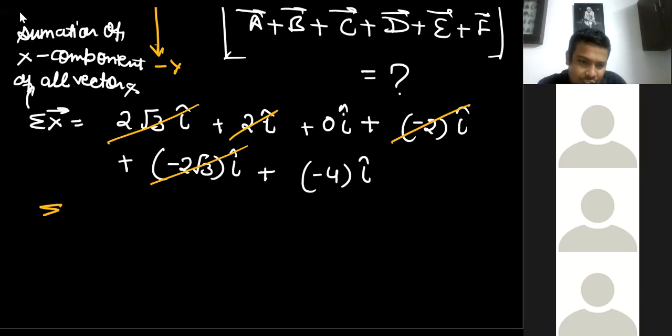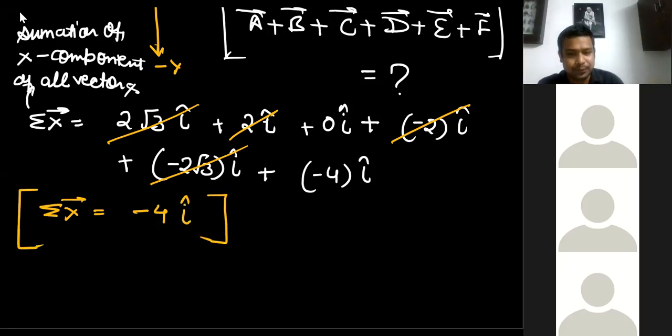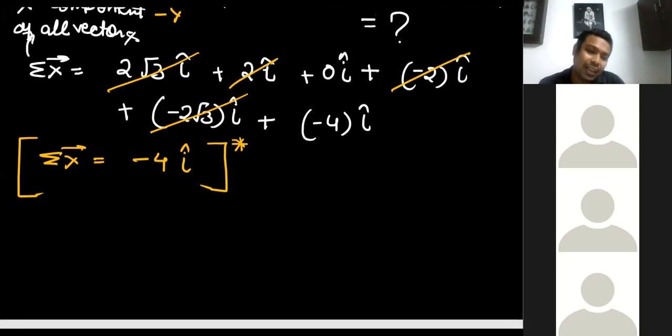Now the summation of X vectors is what? Minus 4 I cap. Clear? Okay.